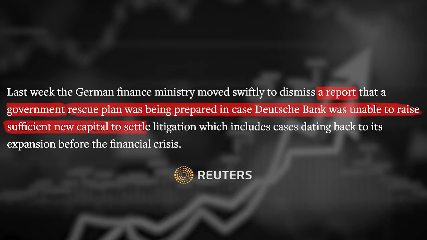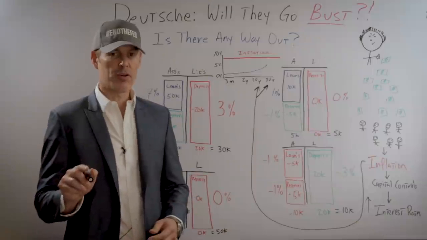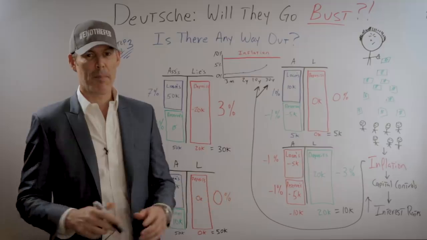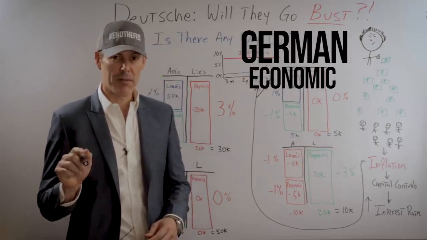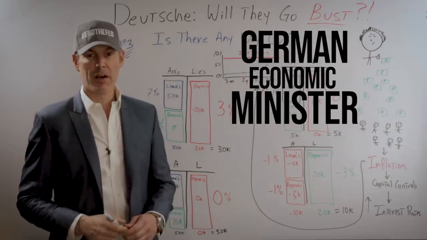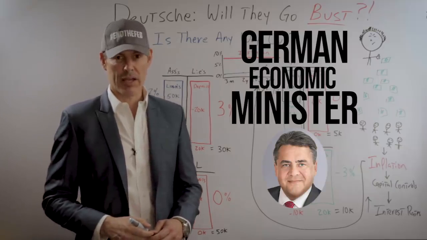And this was to settle a litigation, but they're in much, much worse shape now than they were back in 2016. Of course, the German finance ministry was in charge of setting up this alleged bailout for Deutsche Bank. And the person who would have overseen that entire bailout plan would have been the German economic minister, who was a gentleman by the name of Sigmar Gabriel.